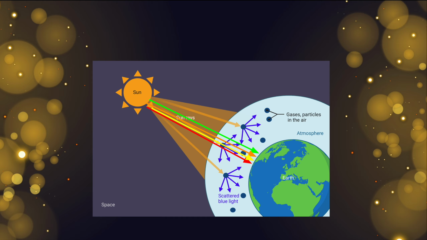So if you look at this diagram, you see that the red, orange, yellow, and green will pass straight through, won't scatter much, and hit the earth. But the blue and the darker and lower energy colors will actually scatter a lot more throughout the air. And so this is what makes your sky blue.